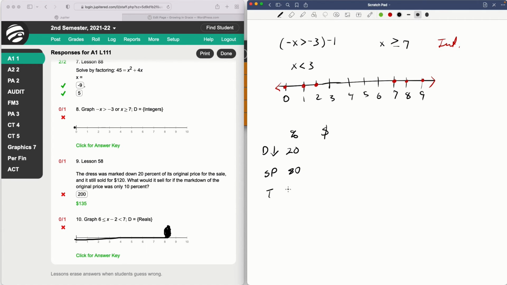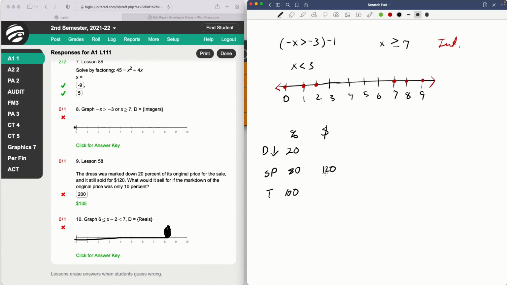Because the total would be 100% of the price. We took 20% off, so we're paying 80% of the total. It's still sold for $120. That's the 80% that we paid, so we're putting it across from the 80.